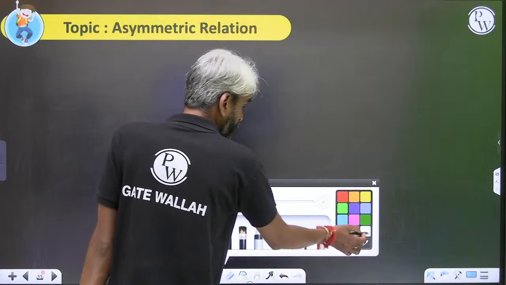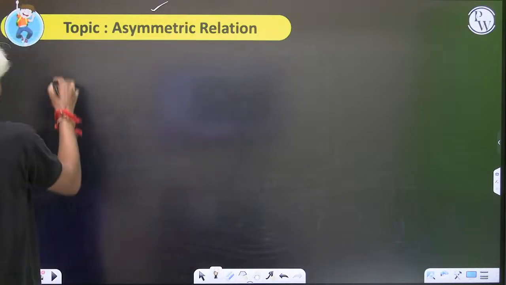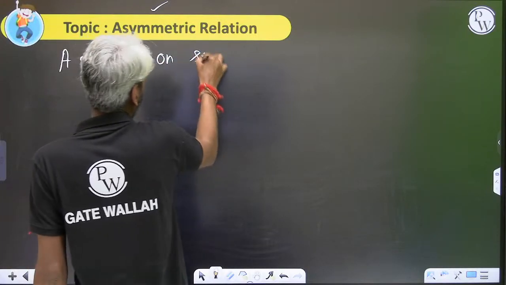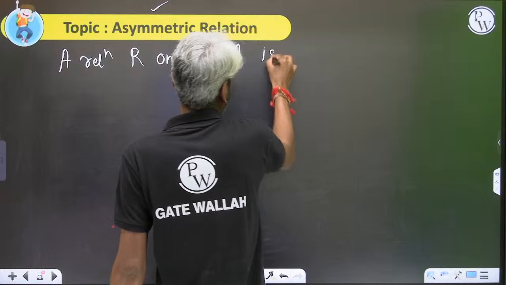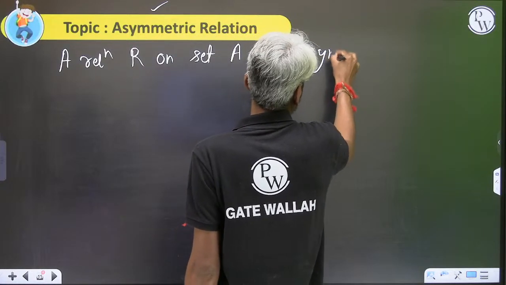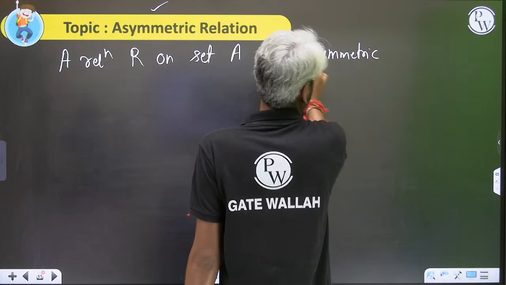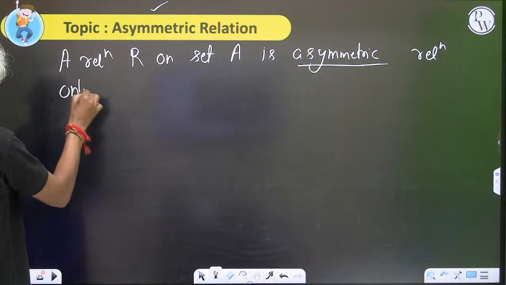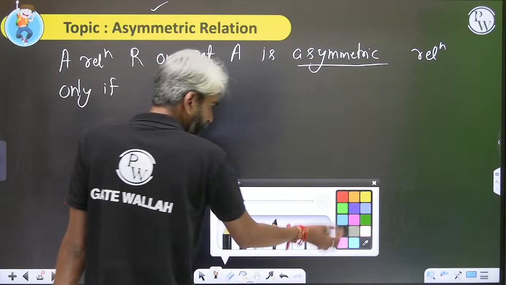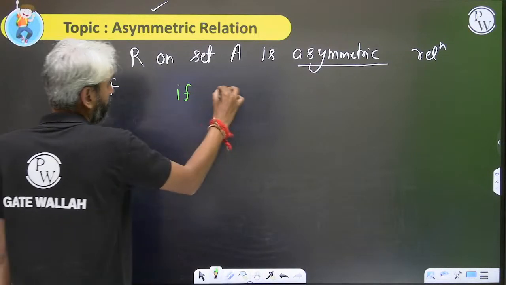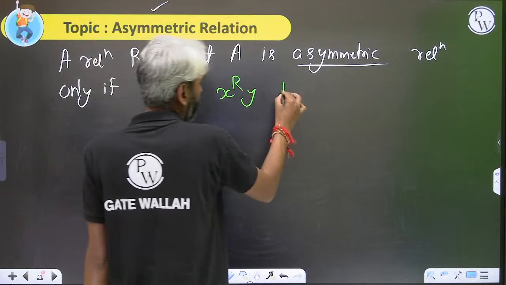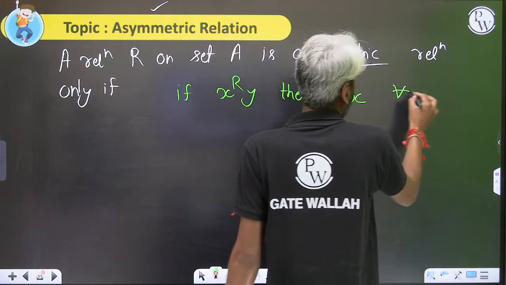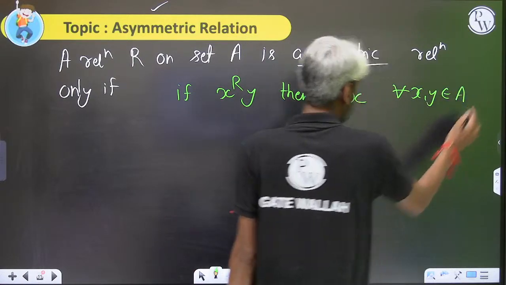So, what will be the definition for asymmetric relation? A relation R on set A is asymmetric if and only if, if x relates to y, then y should not relate to x, for all x comma y belonging to A. So what does it mean?